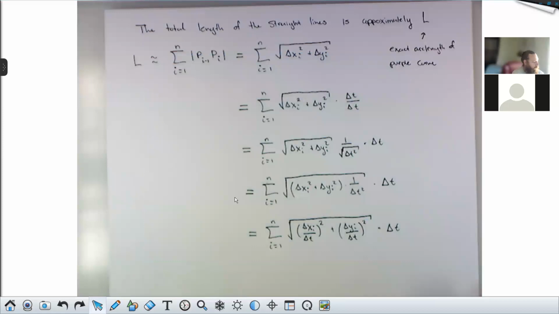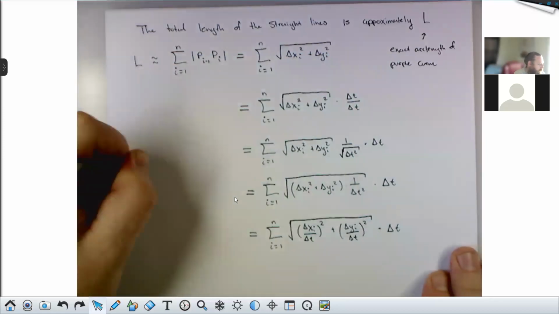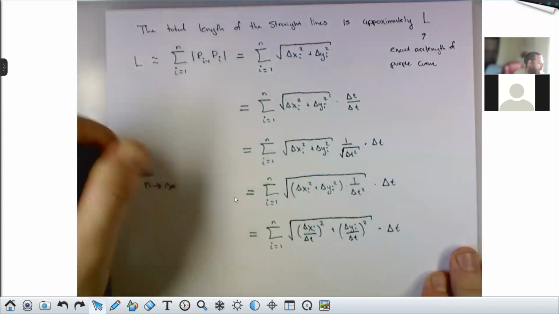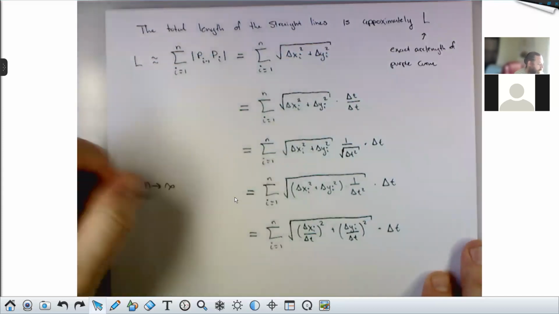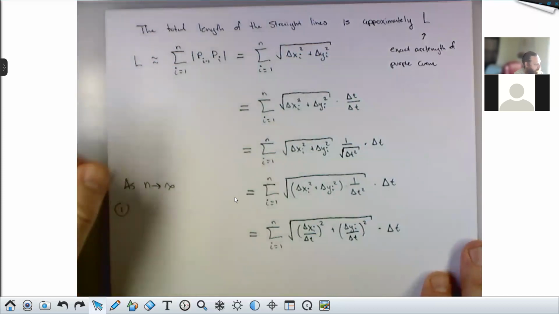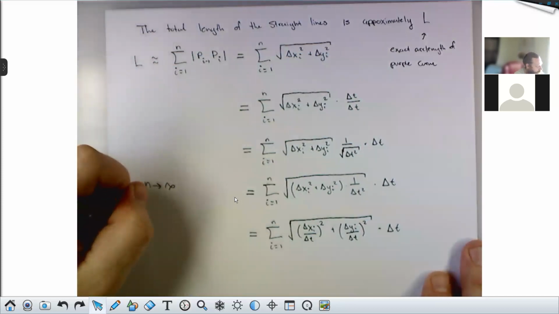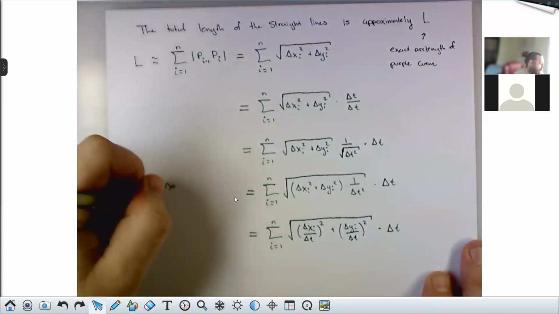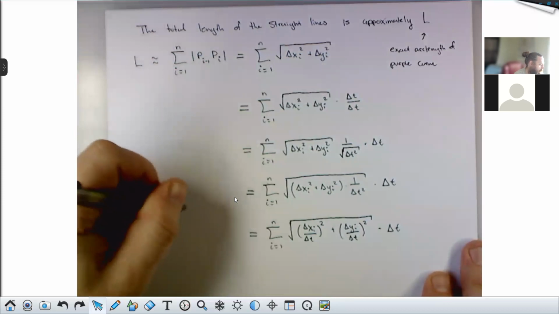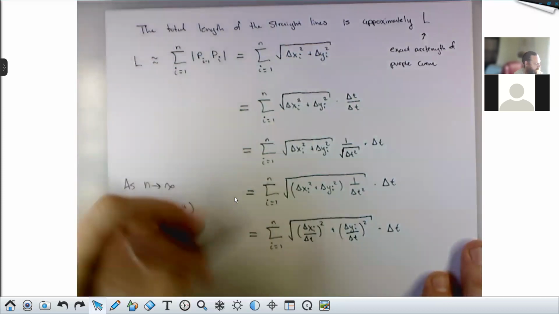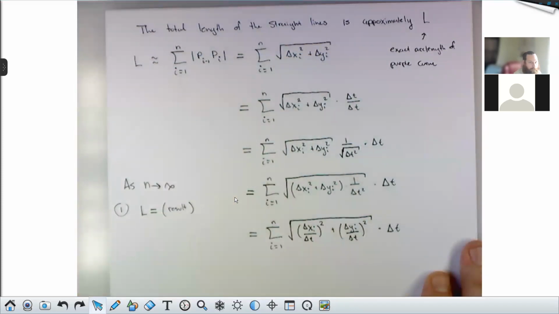Okay, so now as n goes to infinity, a few things happen. First, L becomes exactly equal to the result, which is the limit of this Riemann sum.